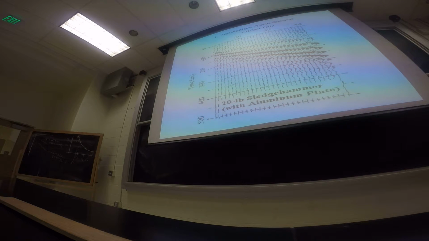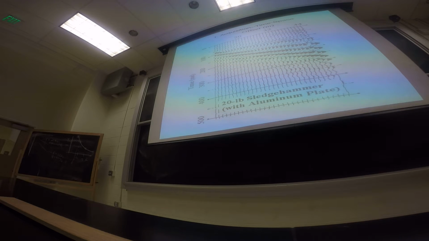So what I've generated is velocity versus frequency. And velocity is going to change with frequency for a Rayleigh wave if we have a medium where the shear wave velocity changes with depth.